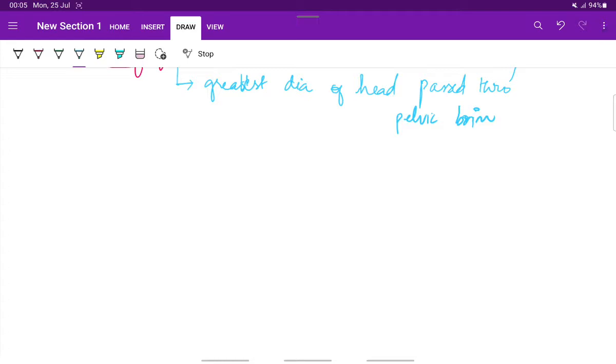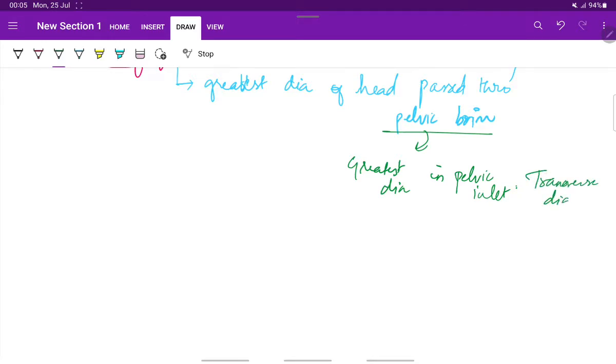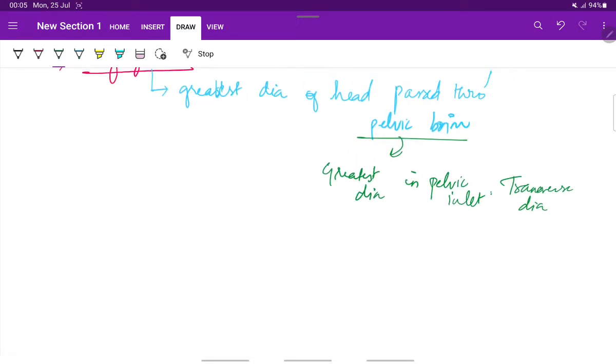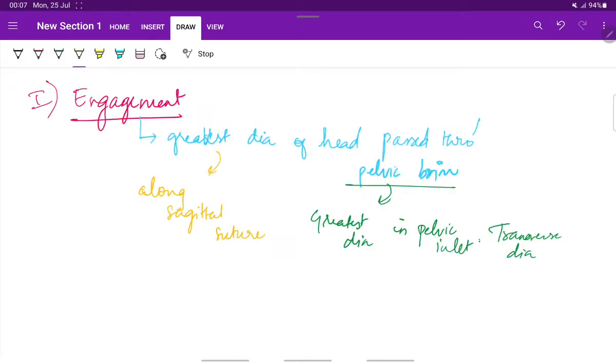As we have seen in the pelvis video, the greatest diameter in the pelvic inlet is the transverse diameter, which is around 13 centimeters, and the greatest diameter of the head engages along the sagittal suture.